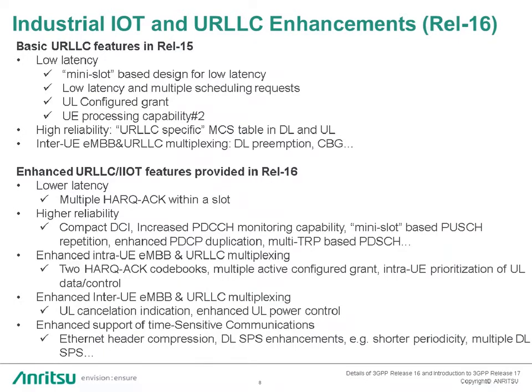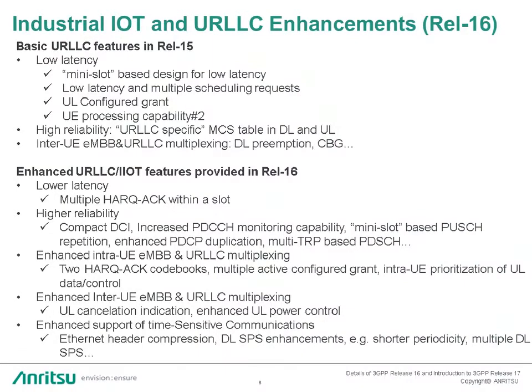But in case of release 16, there have been more features for even reducing the latency. For example, multiple HARQ-ACKs within a slot, compact DCI format for high reliability, increased PDCCH monitoring capability, mini slot based PUSCH repetition, enhanced PDCP duplication, multi TRP based PDSCH.